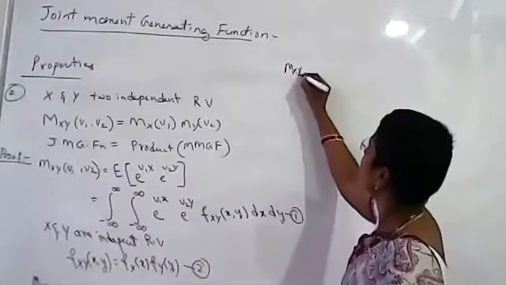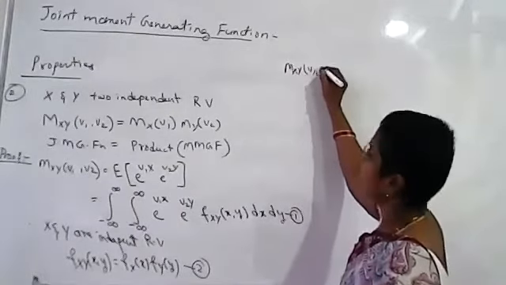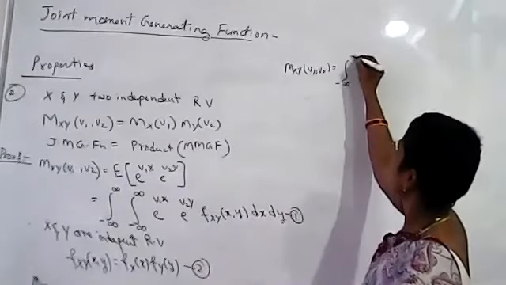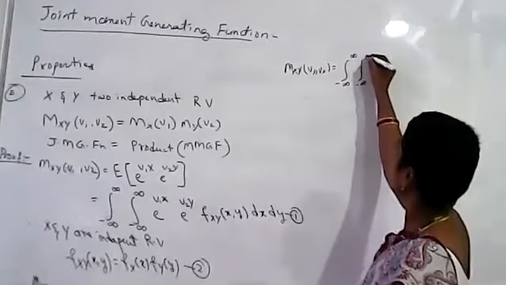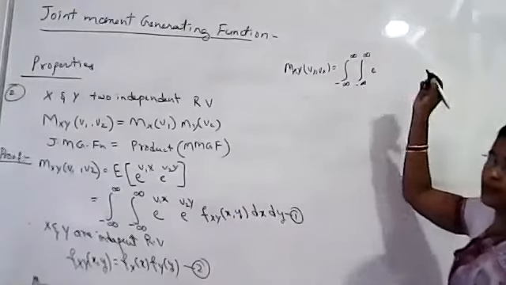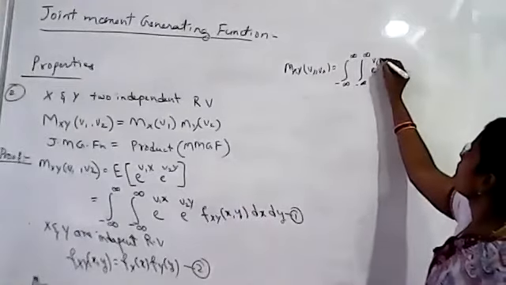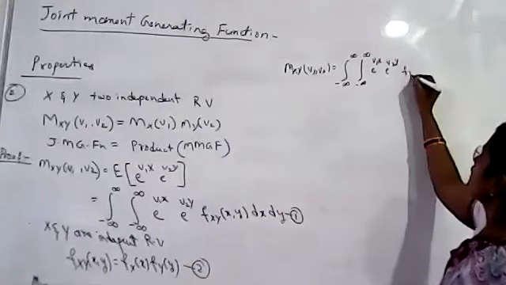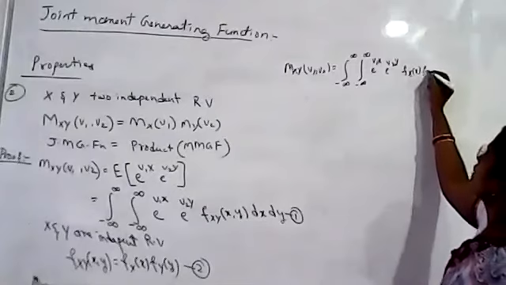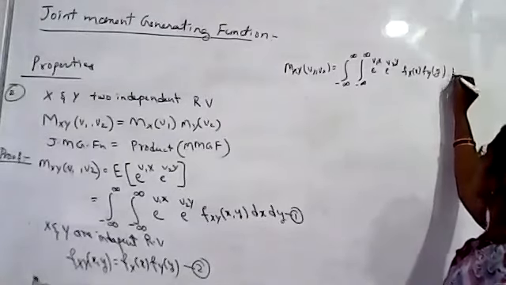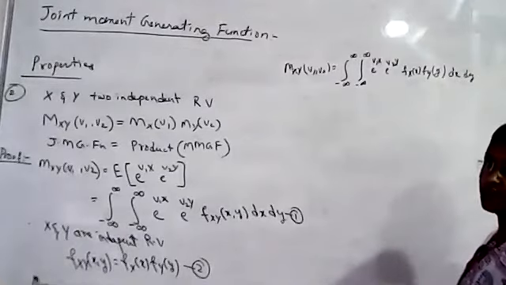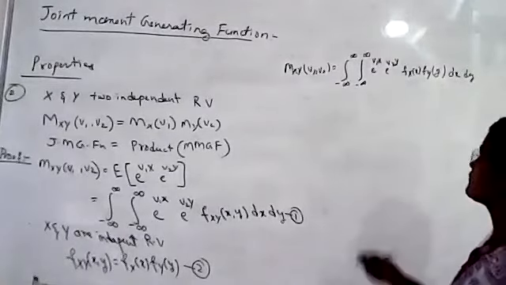of v1 comma v2 can be written as the integral from minus infinity to plus infinity, the integral from minus infinity to plus infinity, e power v1x, e power v2y, f_X of x, f_Y of y, dx dy.